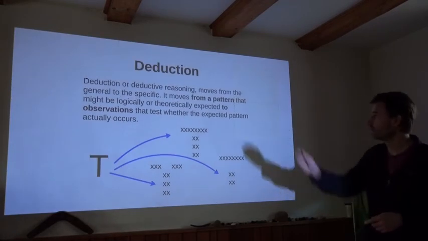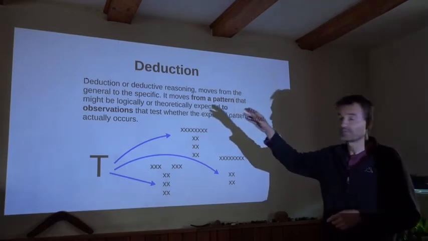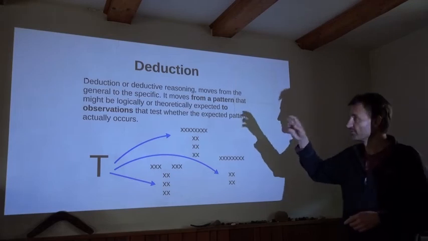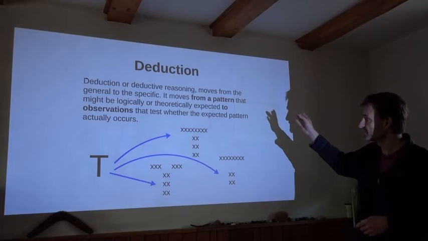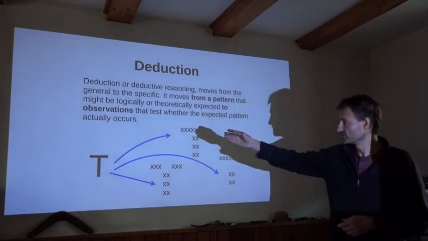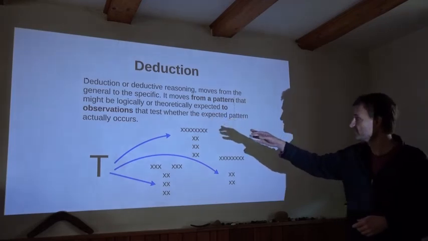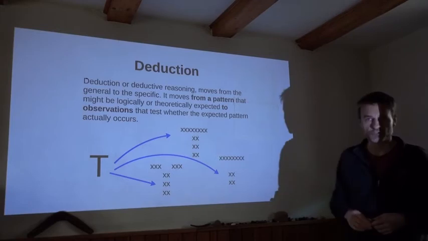Deduction, or deductive reasoning, moves from general to specific, from general or abstract. It moves from a pattern that might be logically or theoretically expected to observations that test whether the expected pattern actually occurs.